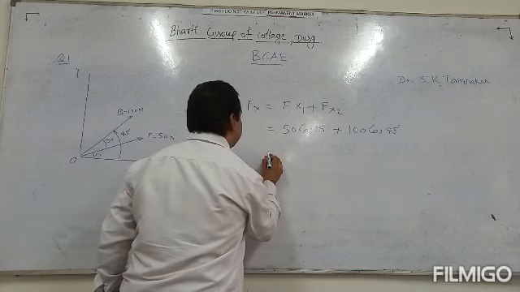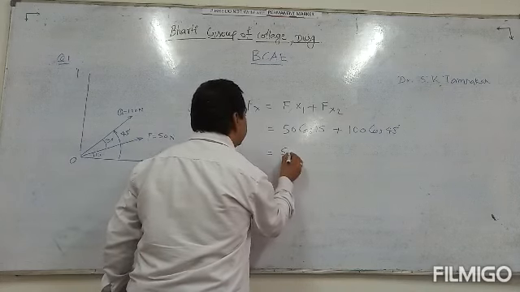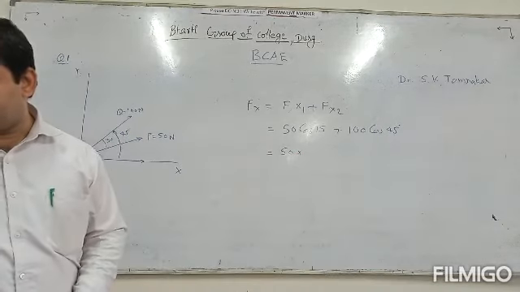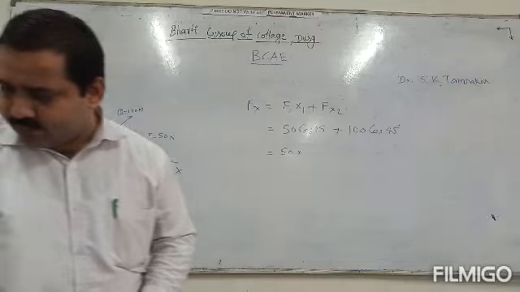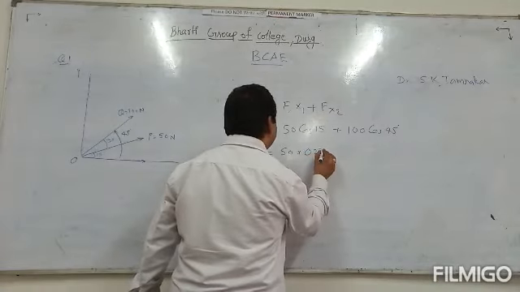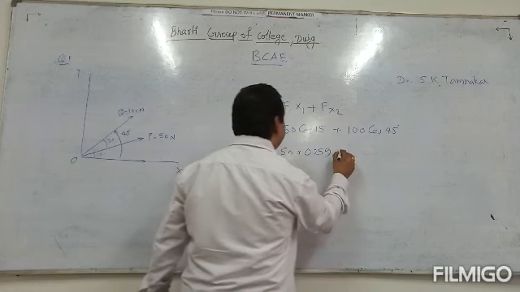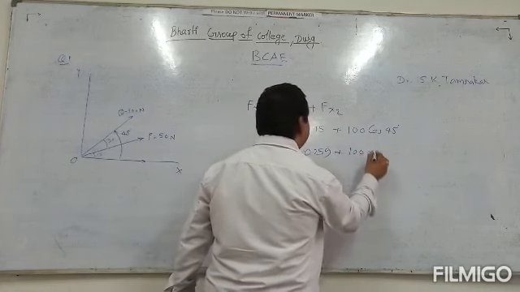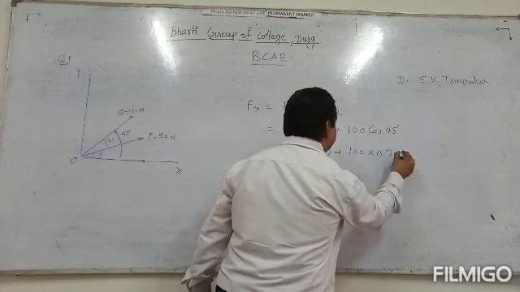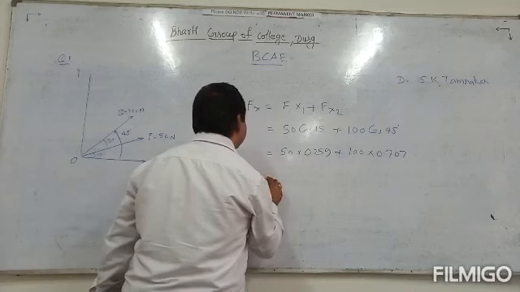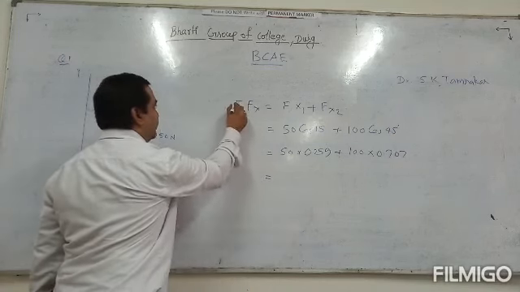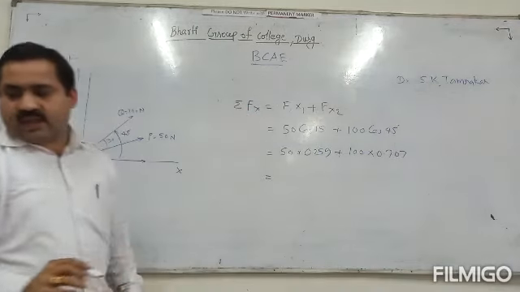By putting the values, 50 into 0.259 plus 100 into value of cos 45, which is 0.707. So this is summation of Fx.